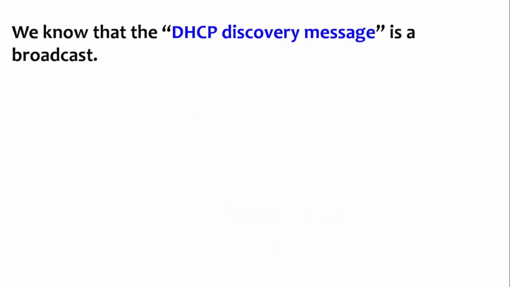Now we know that the discovery messages sent by the DHCP client are always broadcast, so they will be heard by everyone. It's not unicast, it's absolutely a broadcast message.